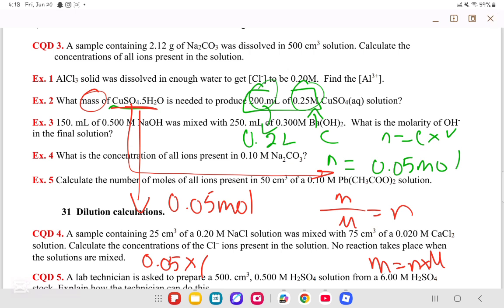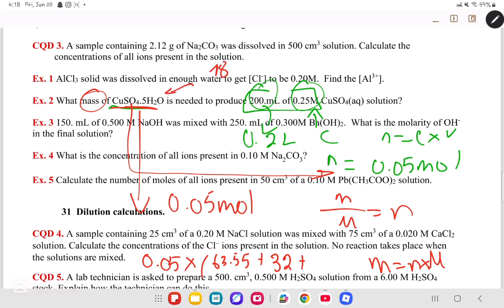It's gonna be Cu, which is 63.55, plus S, which is 32, plus 5H2O. So you should know that the molar mass of H2O is 18, if I'm not mistaken.